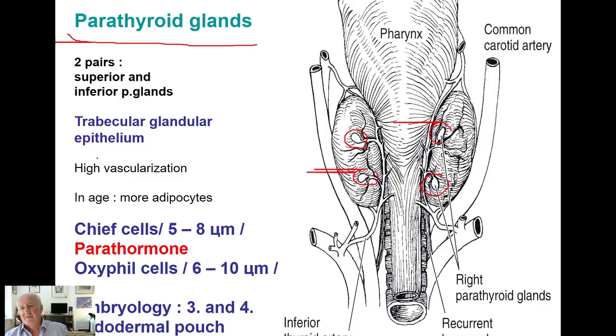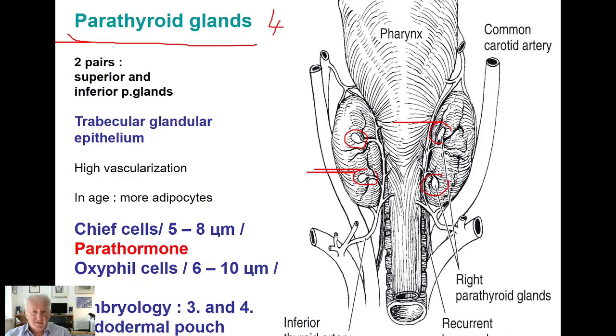These are the glandulae parathyroideae superiores and glandulae parathyroideae inferiores. The normal situation is 4 parathyroid glands, 2 upper and 2 lower. It can happen that some people have one or two more aberrant parathyroid glands. This can quietly happen normally.